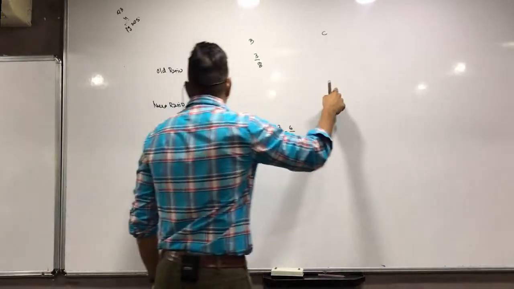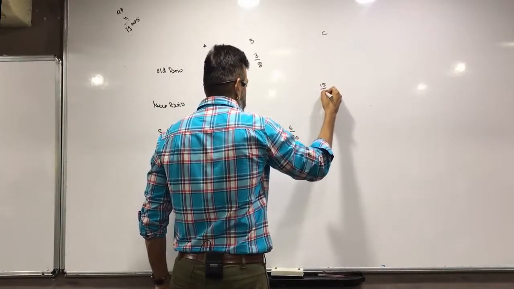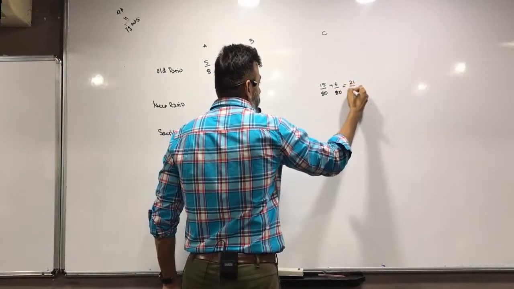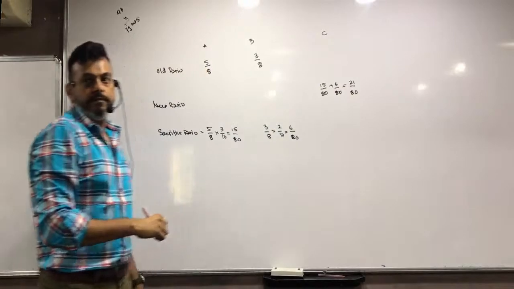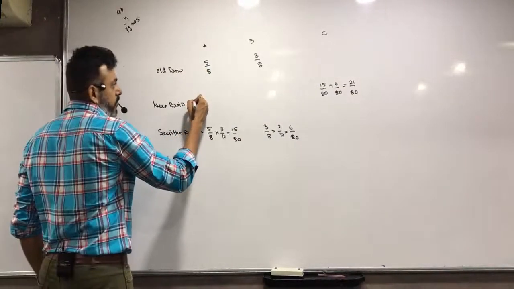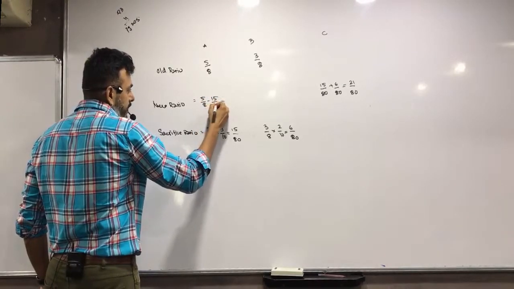So what is the gain of C? 15 by 80 plus 6 by 80, which is 21 by 80. Can you find the new ratio now? New ratio is equal to 5 by 8 minus 15 by 80.